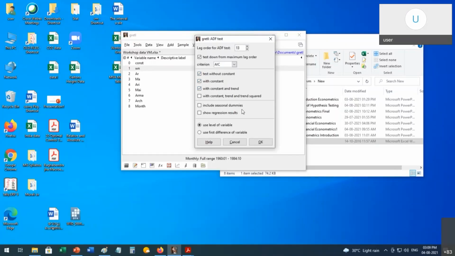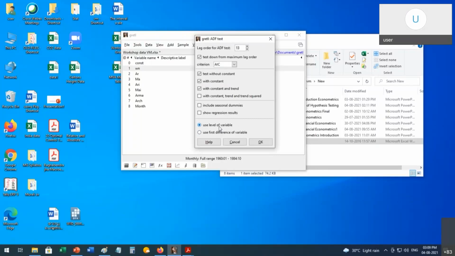Okay, now anyway, let us use all the three in this case. And here we have two specifications: level of the variable and first difference of variable. These two cases we have to do whenever we do a unit root testing for a particular variable. First we have to do the level of variable.